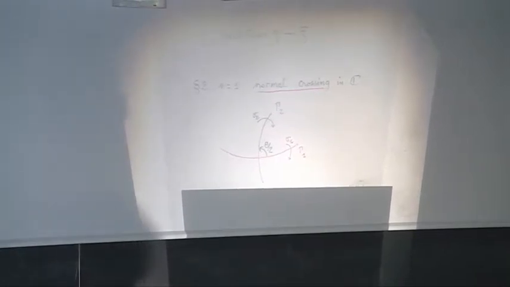And the problem is the following. It's a problem by Poincaré. The problem says: is it possible to send by a holomorphic automorphism, a local diffeomorphism, the configuration of the 2 transversal curves into the configuration of the tangent lines?